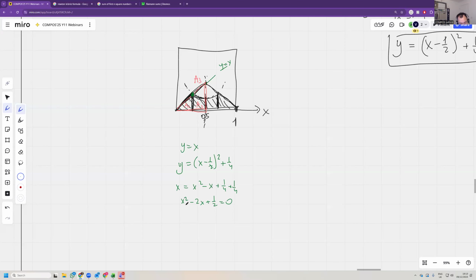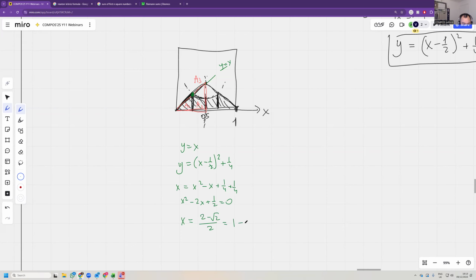I'm going to be a bit lazy here. So x is (2 minus root 2) over 2.